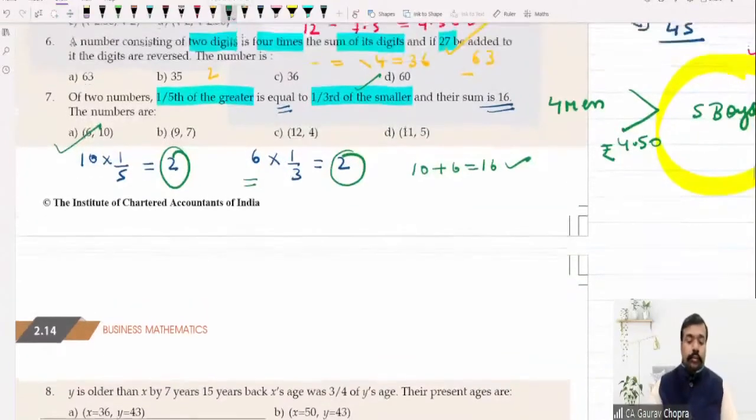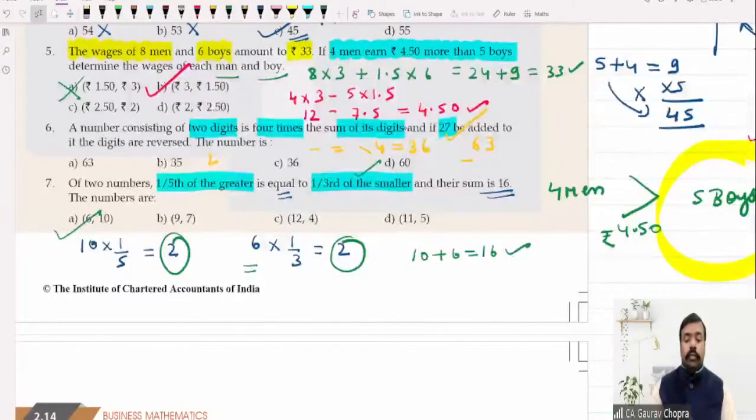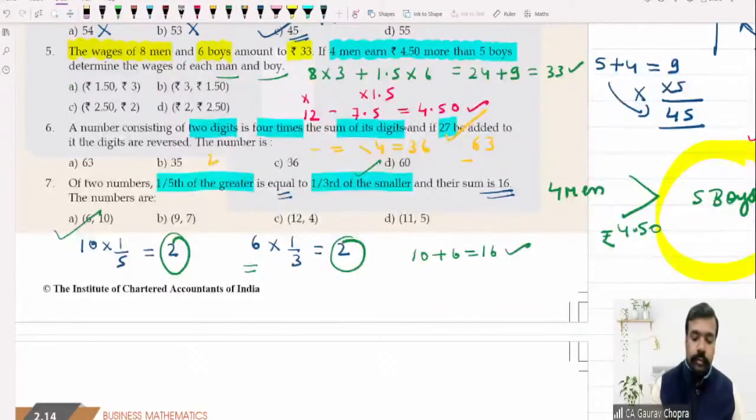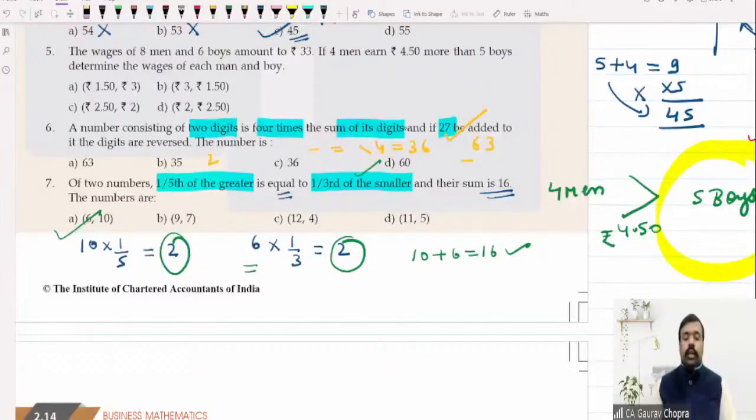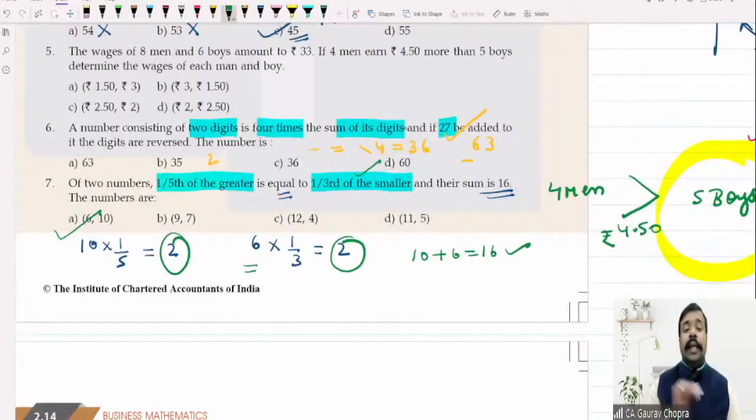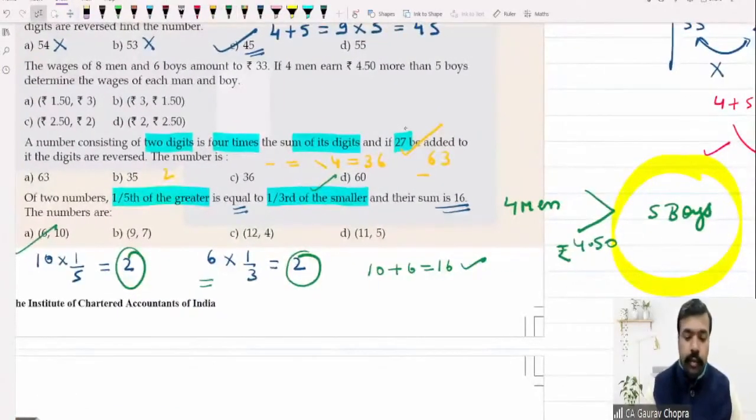Now there is one more demand for question number 5. So let me explain question number 5 once again. Now see, question number 5 says, there are two categories. First category is men and second category is boys.